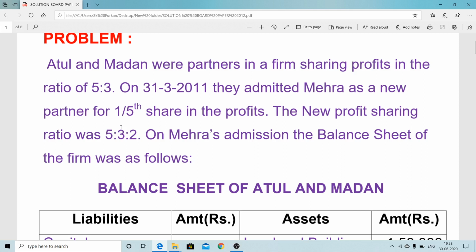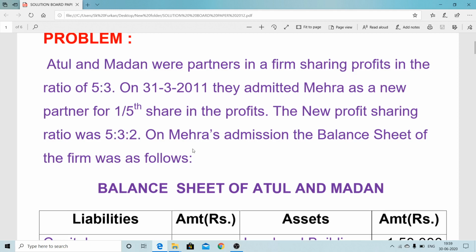Therefore, we have to verify by calculating: OR minus NR equals SR, that is, old ratio minus new ratio equals sacrificing ratio. So this is our first working, the calculation of the sacrificing as well as gaining ratio.